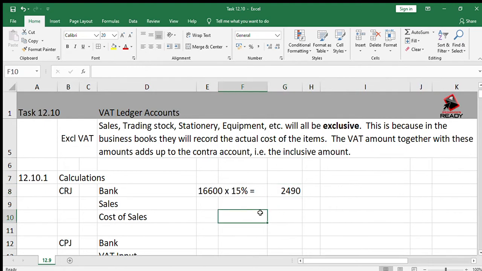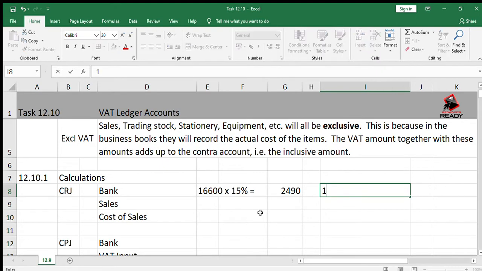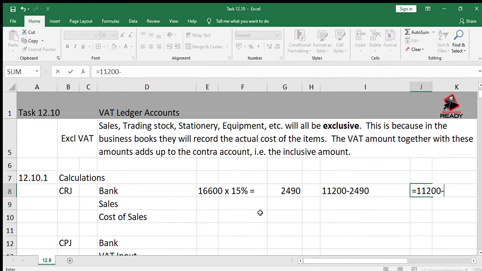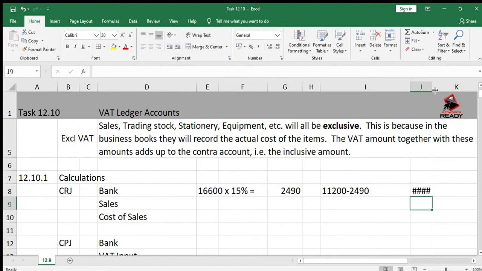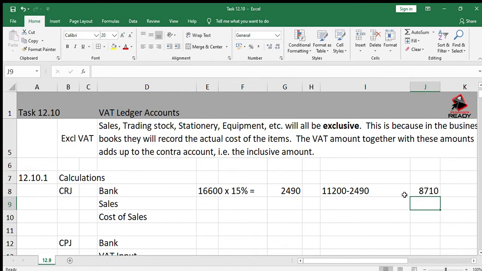Okay, so 2,490. I'm then going to take the VAT output amount which you've been given, 11,200, and subtract 2,490. Okay, that gives us a figure of 8,710.